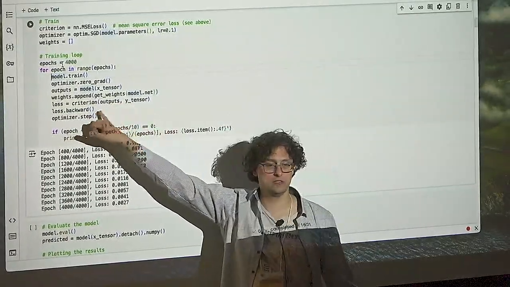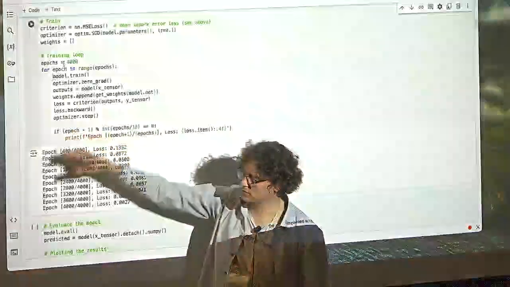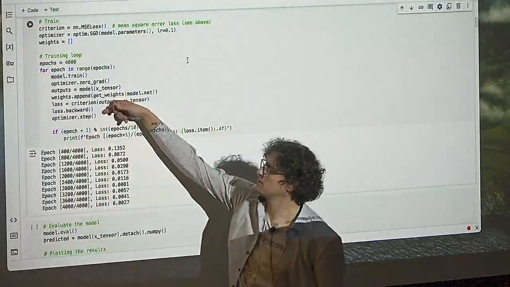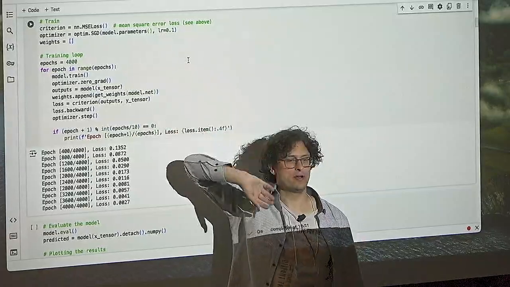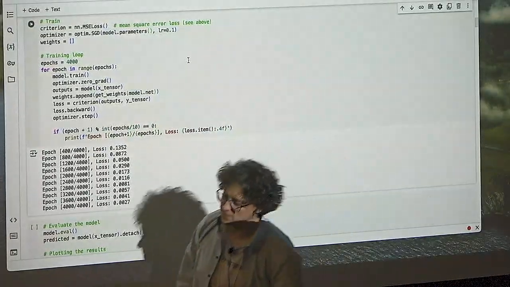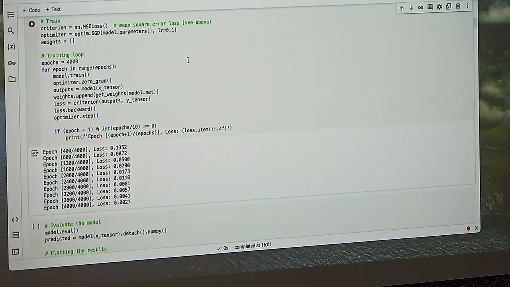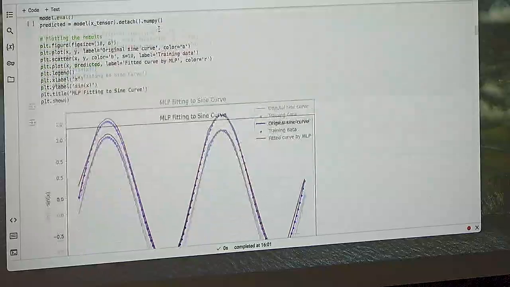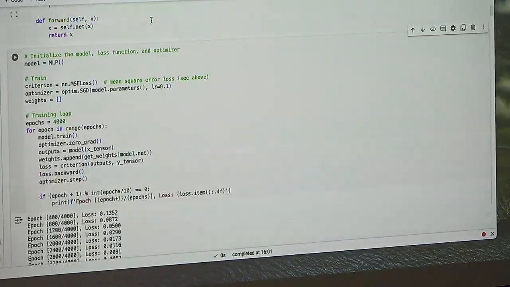That's just the mean square error loss. And then backward calculates the gradients. It populates the gradient buffers, which were before all set to none. And I think there was a line somewhere where you can plot the gradient buffers. Where is this? No, maybe it's in the later piece of the code.